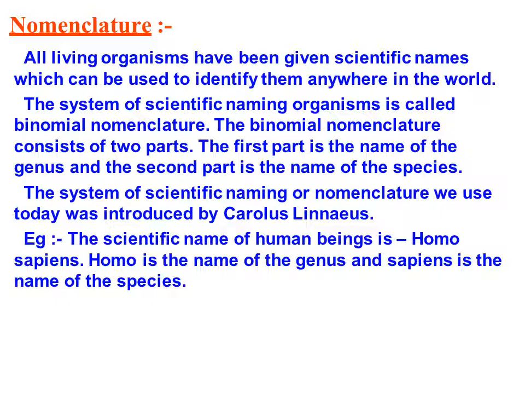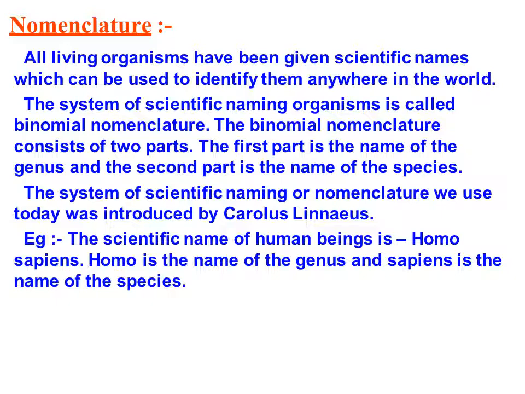All living organisms have been given scientific names which can be used to identify them anywhere in the world, not a common name. The system of scientific naming of organisms is called binomial nomenclature, and it consists of two parts. The first part is the name of the genus, and the second part is the name of the species.